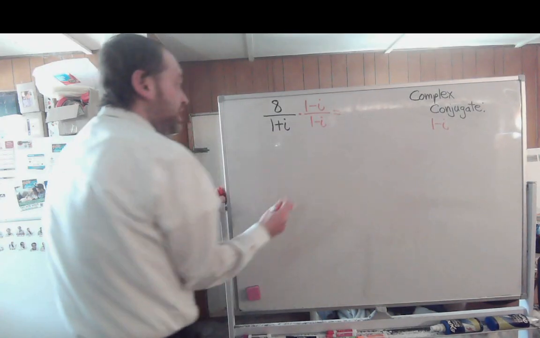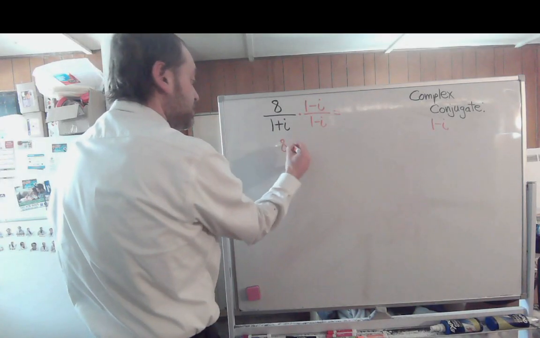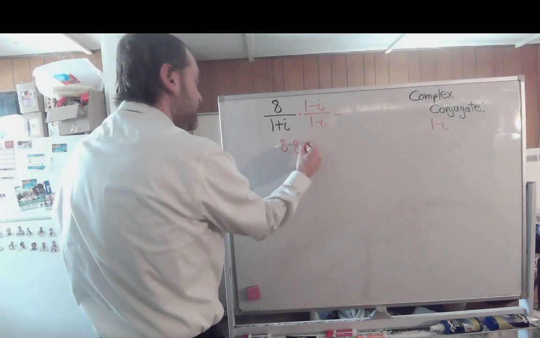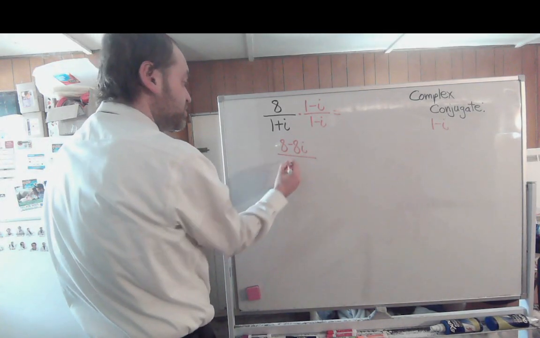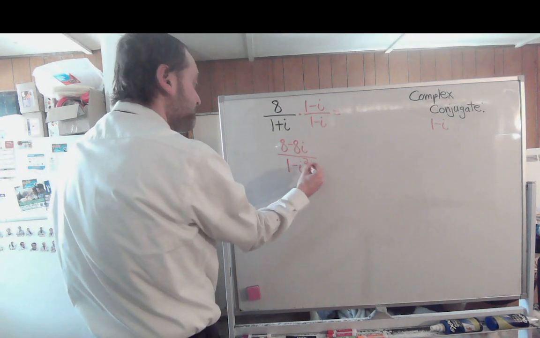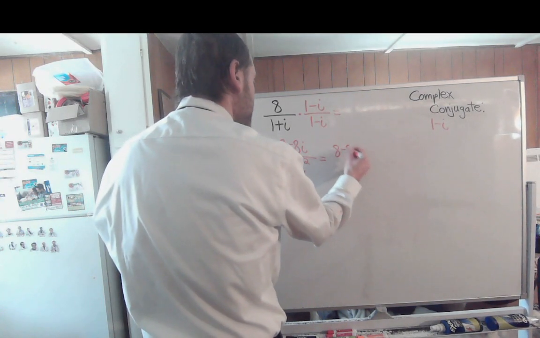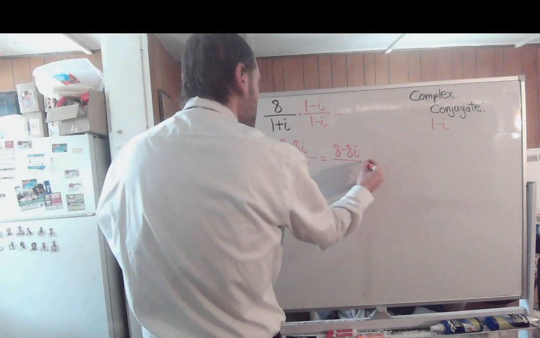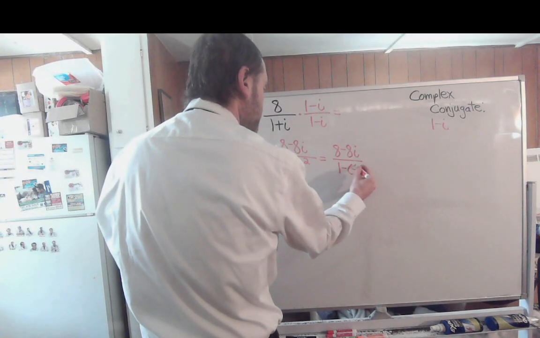So if I do that, well, 8 times 1 is 8, minus 8 times i, so you get 8 minus 8i in the numerator, and then this will just be a difference of 2 squares. You get that over 1 minus i squared, which would turn into 8 minus 8i over 1 minus that i squared, which is negative 1.